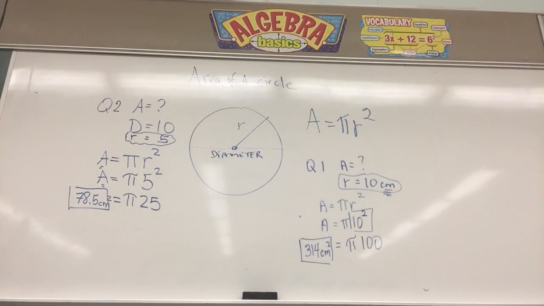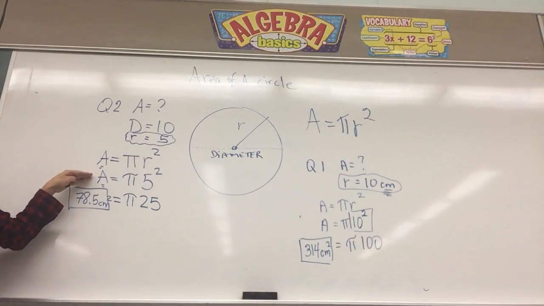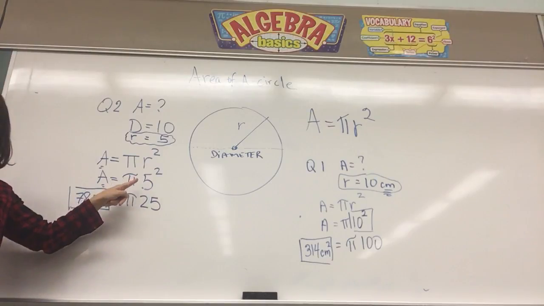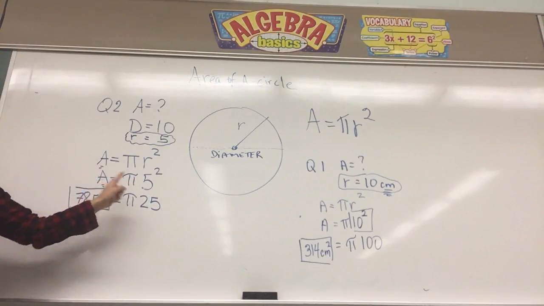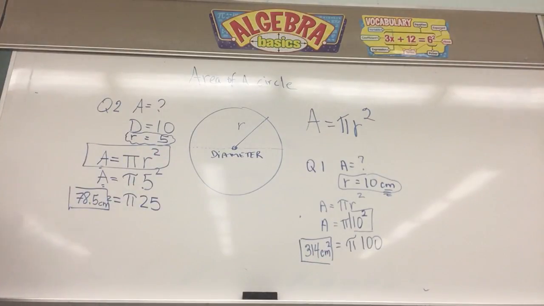No, it's wrong. Lorenzo asked me the same question earlier, and I said I need this formula first. This is not a formula. Once you've put the numbers in, it's not a formula anymore. It's specific to this question, but it's not the formula. The formula is a general one for the area of all circles.